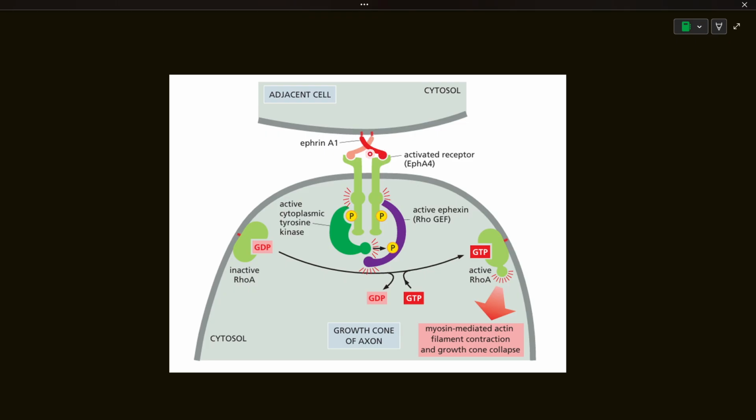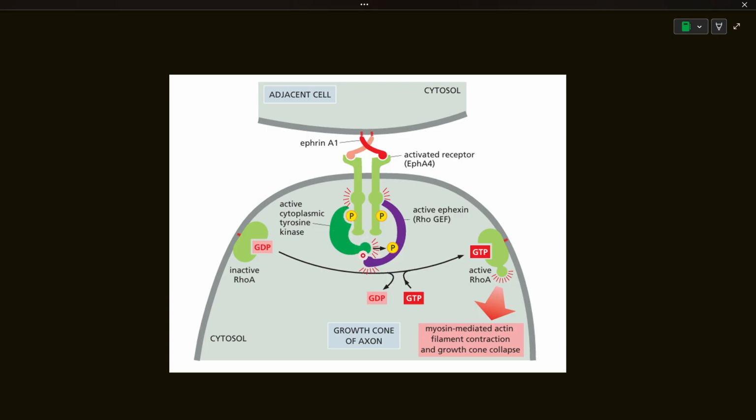So here you can see the Ephrin molecule is being received by the Ephrin receptor, and due to that the Ephrin receptor gets activated. The tyrosine kinase coupled with it gets activated due to the ligand-receptor interaction.